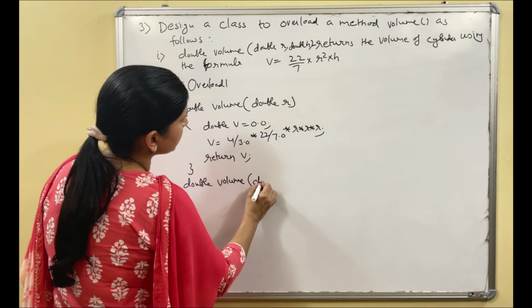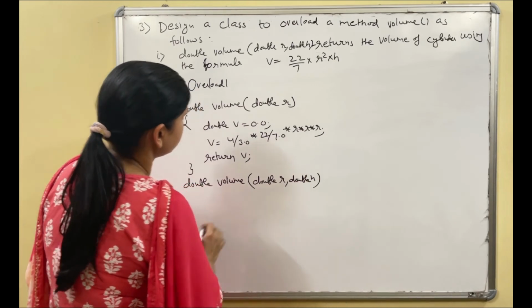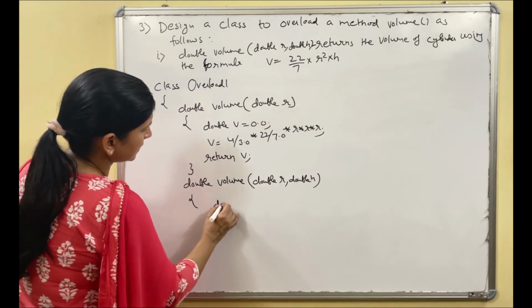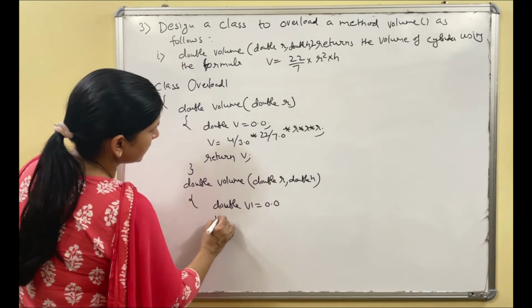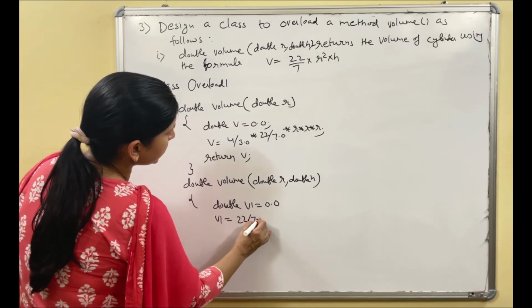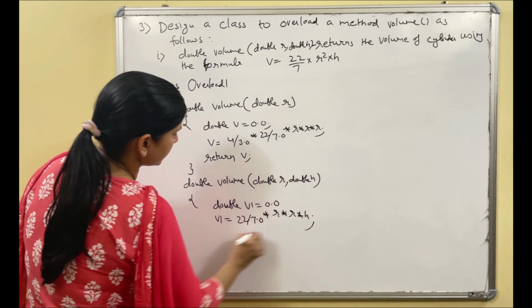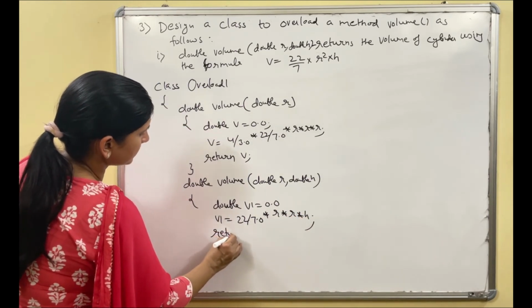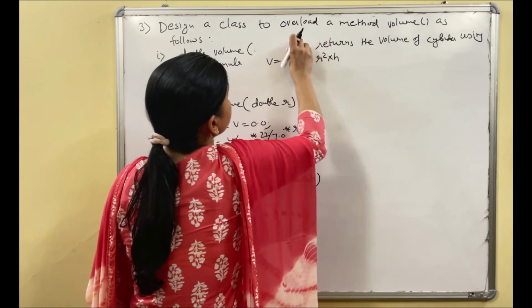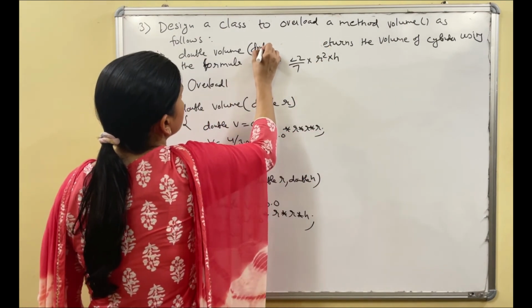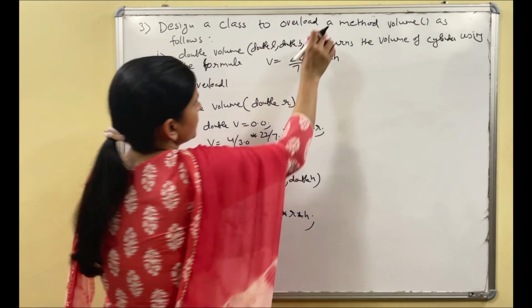We will pass 2 parameters, double r and double h, right? And then for its volume we will take v1 equals 0.0, v1 equals 22 by 7.0 asterisk r asterisk r asterisk h, and we will return v1. Simple.